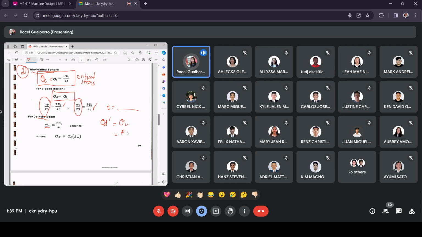This is PD over 4T, since it is longitudinal, equal to your lowered design stress. So this is the original design stress, then simply multiply it by the joint efficiency. That's all. When there is a joint efficiency, we remember to use the lowered design stress.